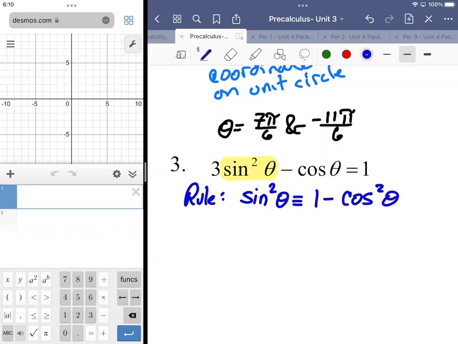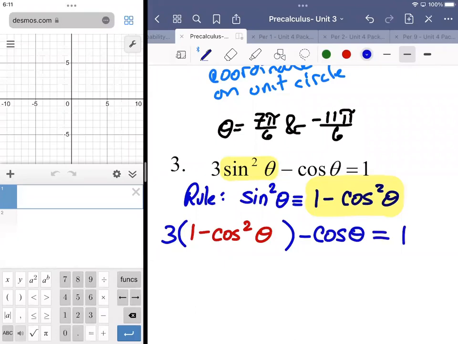So I can swap out the sine squared theta for a 1 minus cosine squared theta. That's one of our Pythagorean identities. So 3 parentheses, instead of the sine squared theta, I'm going to put a 1 minus cosine squared theta, minus the cosine theta that's already there, is going to be equal to 1.